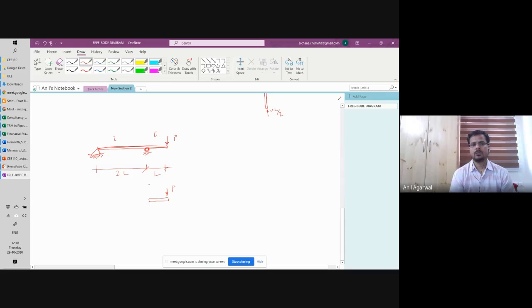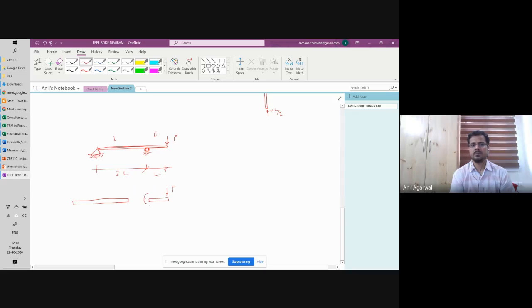I have got one reaction coming in here. Let me separate it, because the member is continuing, right? So let me draw the free body diagram of the two parts together. Axial force we are ignoring because there are no axial external forces acting, so there could not be any axial forces. It's a beam problem, purely a beam problem.